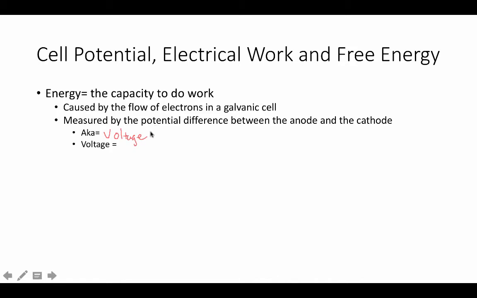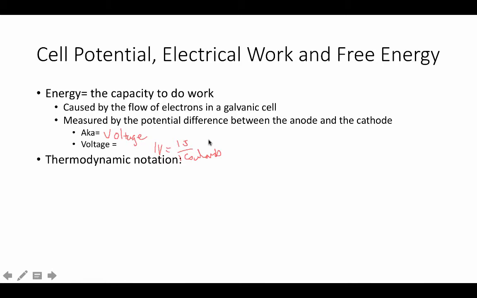And remember from earlier that 1 volt is equal to 1 joule over 1 coulomb. And just like in thermo, when we had positives and negatives that meant something, it means something in electrochem as well.